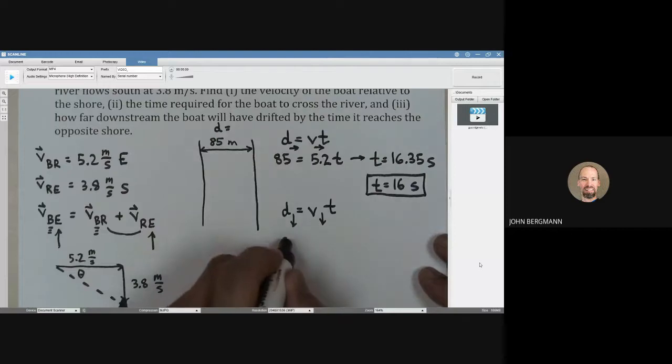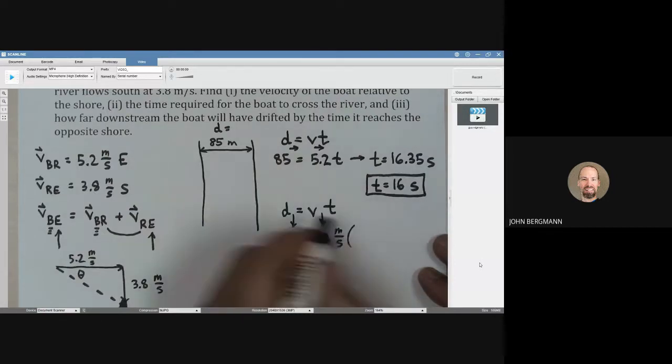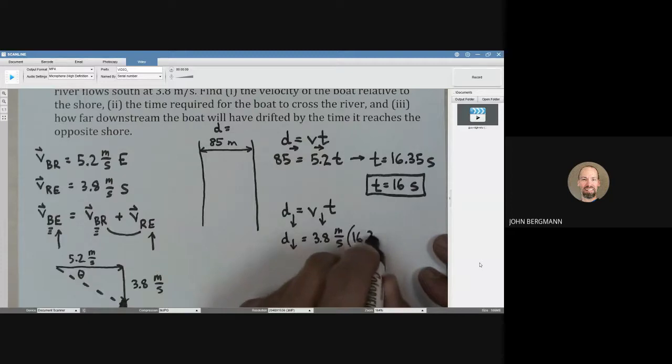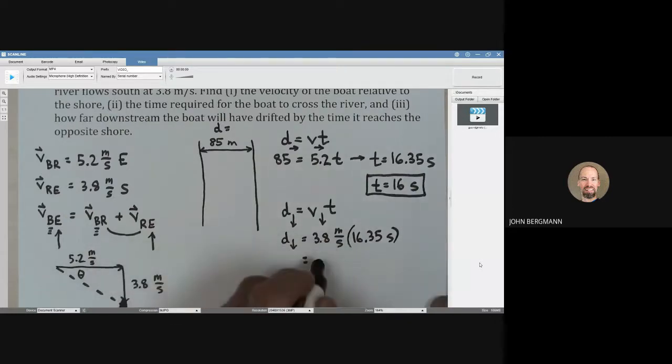So the distance that we will have drifted is going to be the velocity in the southward direction, which is 3.8 meters per second. And now we're going to multiply by the time. And just so that we don't round too soon, I'm going to use that earlier version of time, 16.35. And when I type that in to two significant figures, I got 62 meters.